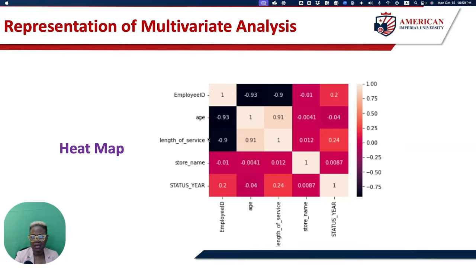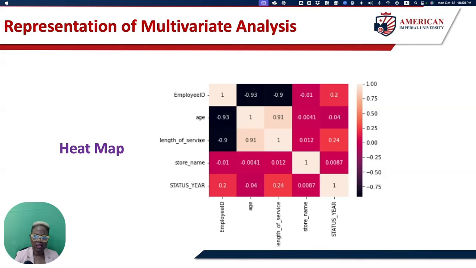Here we see length of service is strongly correlated with age, and that's the strongest of the positive correlations. There is also strong negative correlation, where the employee ID is strongly negatively correlated with the length of service and the age.